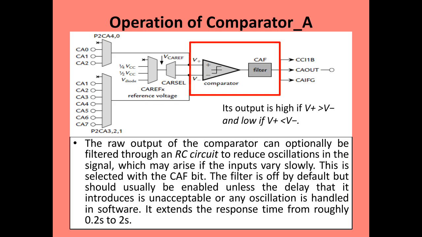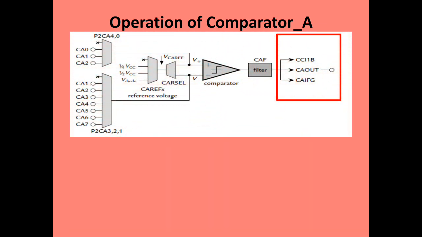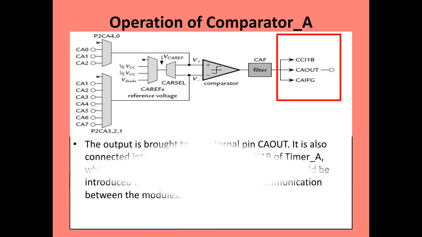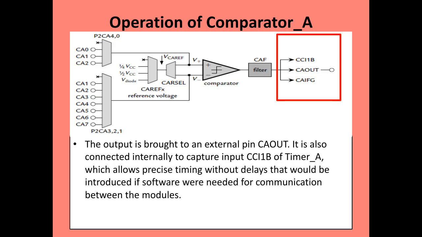Here this filter is constructed using RC components to reduce the oscillations in the signal, that is the output of the comparator signal. And then that filtered output is produced as the output of this ADC. So here we have 3 output terminals. In that, CA out is the output of the ADC, that is a digital output.